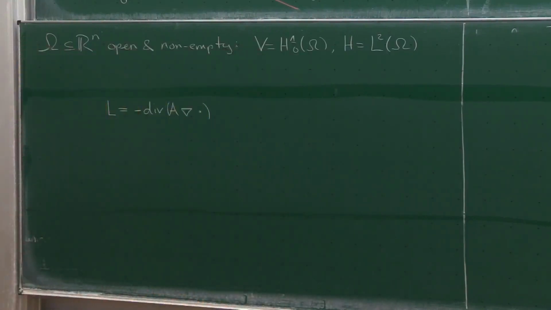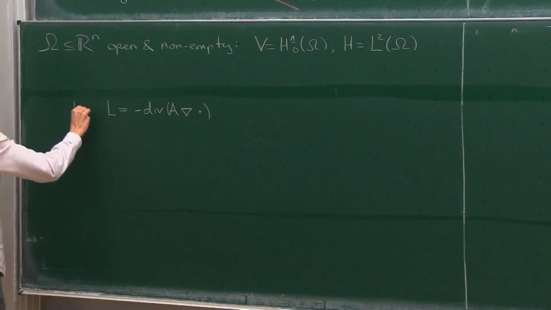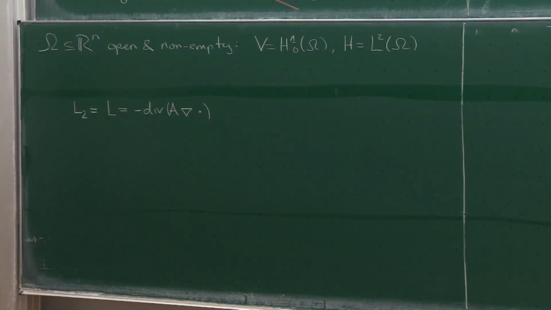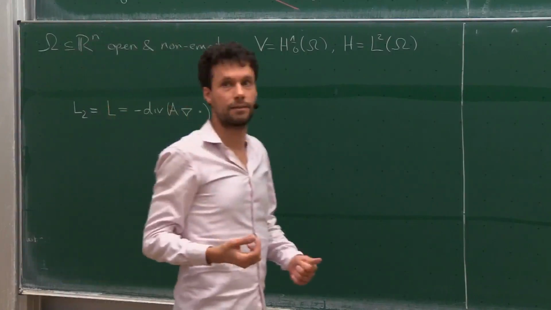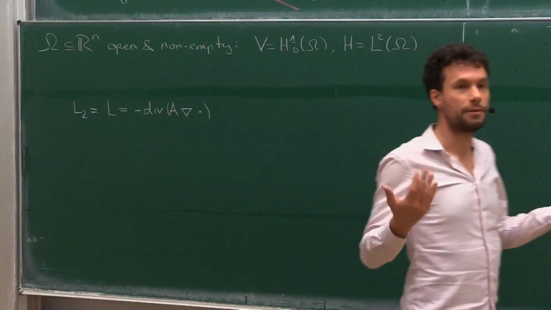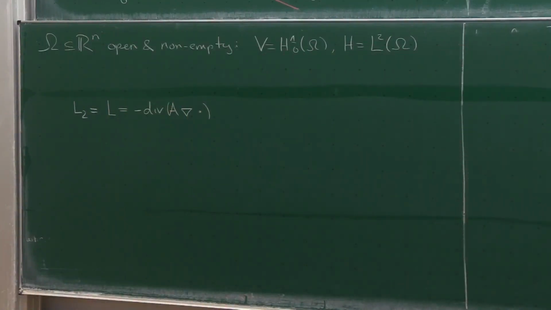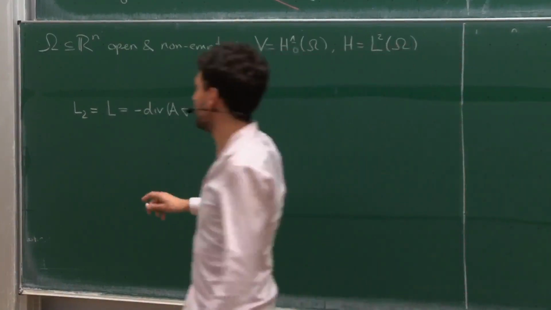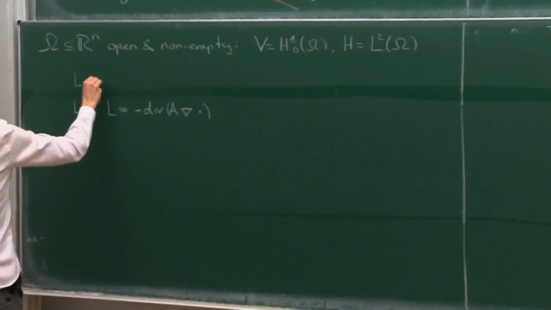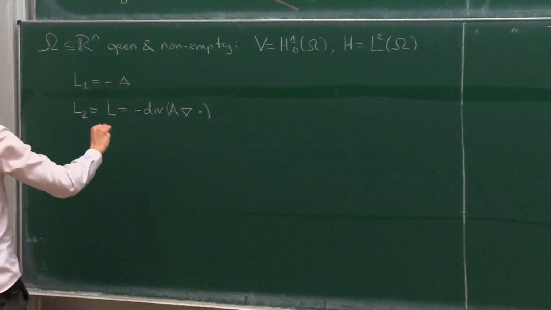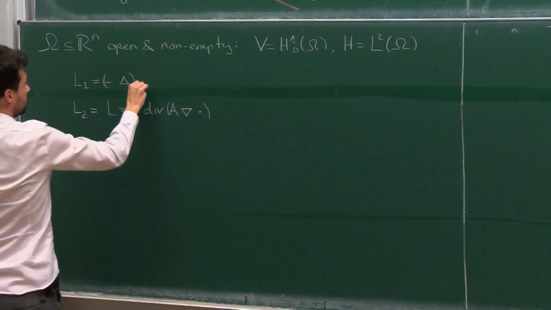So L is any of our elliptic differential operators with Dirichlet boundary conditions on this open set. And I'm going to take this arbitrary thing as L2. And as L1, what am I going to take? There's only one choice. I want to take the best of all operators that are of this form, so I take L1 to be the negative Dirichlet Laplacian.